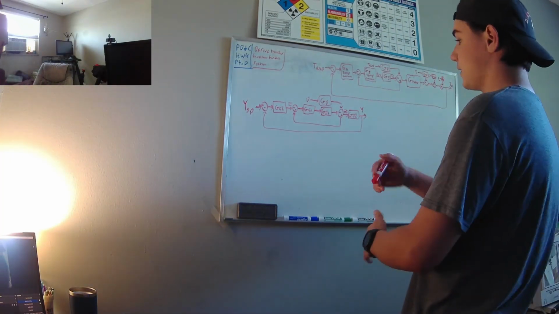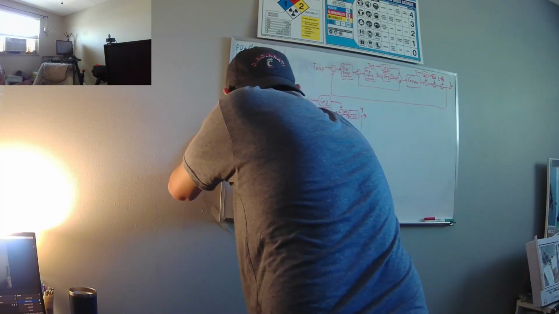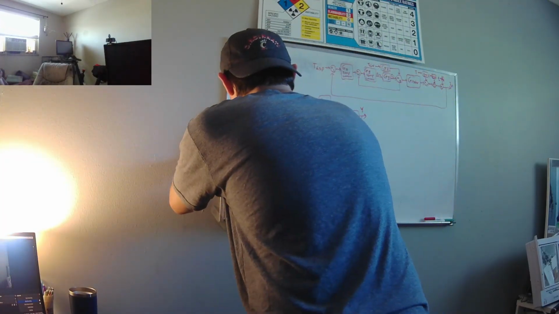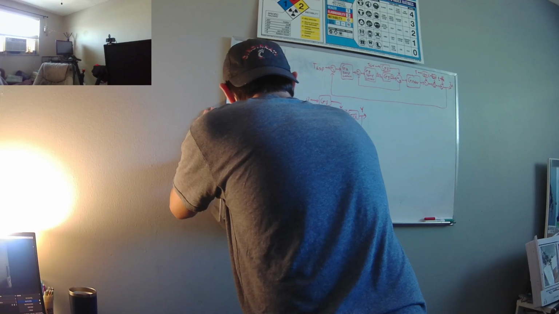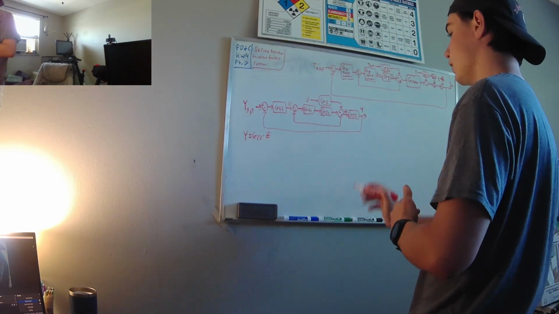So now that we've got this simplified block diagram here, we can start to write out some expressions. So we know that our Y must equal our GP2 times our Z, because that's the only thing we have coming into here.